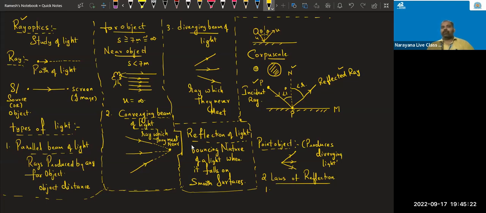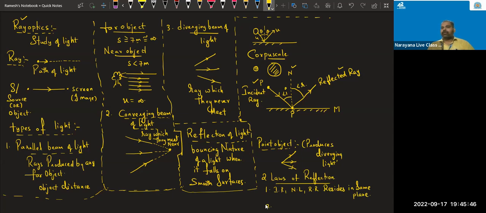Here in my drawing, all these three things reside on the computer screen. So I will write down that point: incident ray, normal line, and reflected ray reside in the same plane.